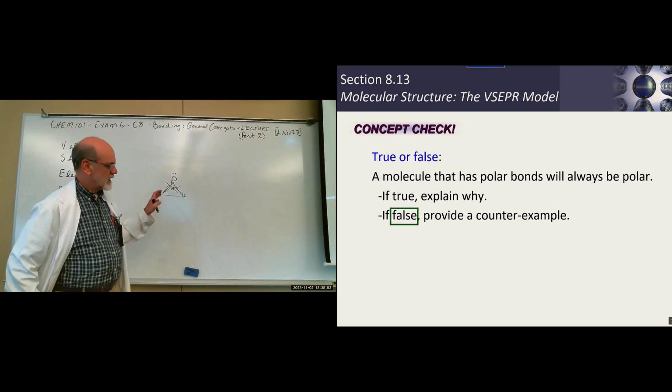The shape of the molecule then will tell you whether those polar bonds will net a polar molecule or they'll cancel each other out and give you a nonpolar molecule. All right, so that's what we're after here. Does a molecule that has polar bonds always be polar? Not necessarily. If the bonds are all polar in such a way that they cancel each other out, then you have a nonpolar molecule.